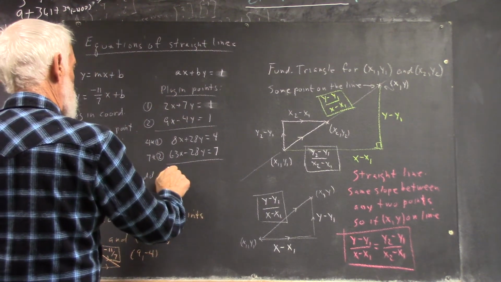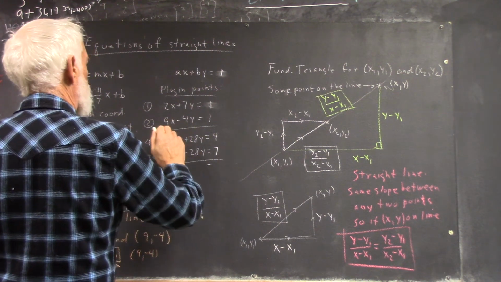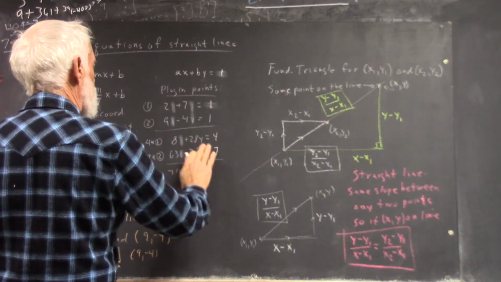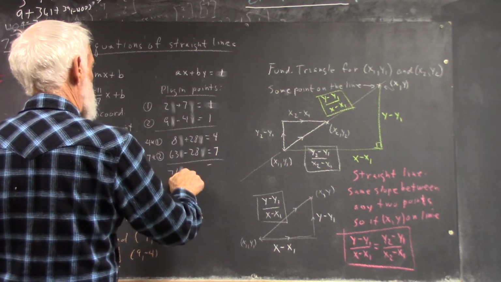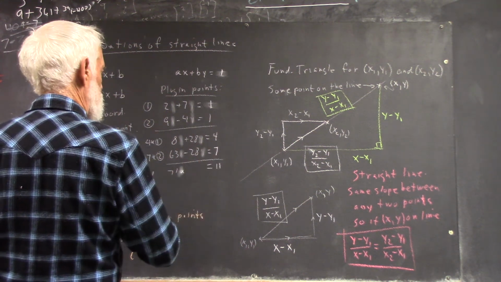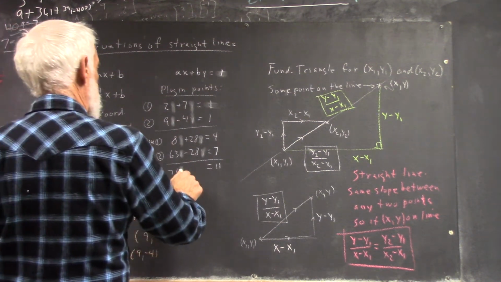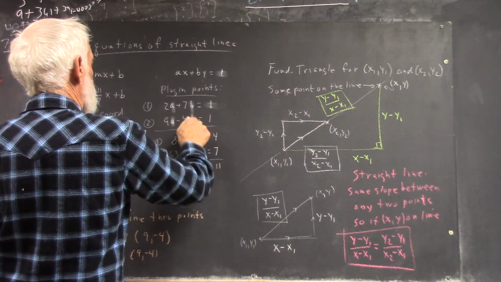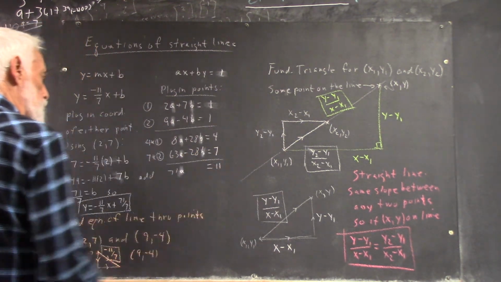We add and we get 71x, 71a, right, x and y instead of a and b. Okay, I think this will work. We get 71a, that's a, that's b, that's a, that's b. 71a equals 11.